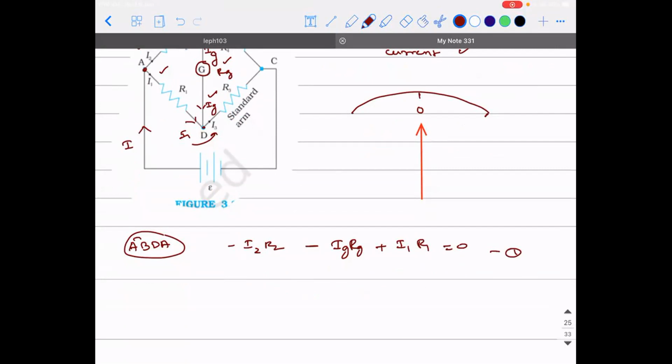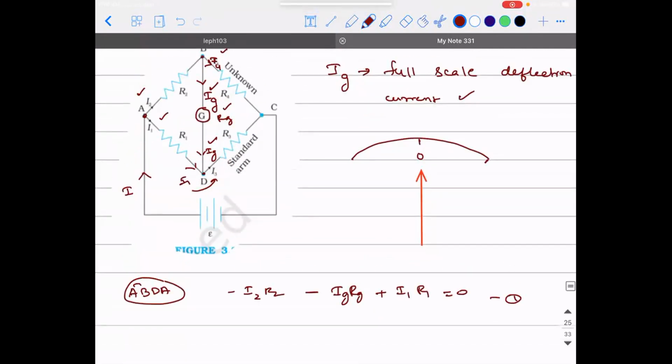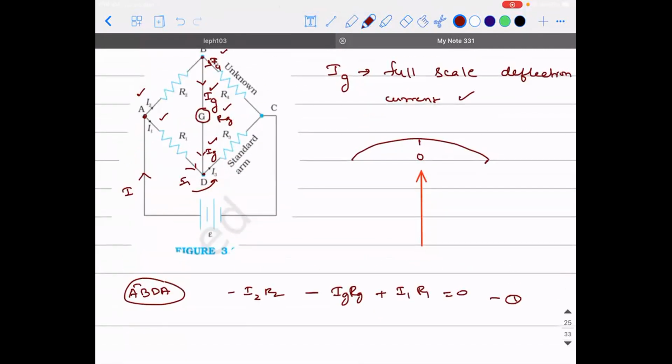Sir, could you explain what's full-scale deflection current? Sorry, I didn't get you. Could you explain what? IG, sir. IG is called full-scale deflection current in the sense, I told you about this galvanometer, right? Its pointer is going to be at the center.